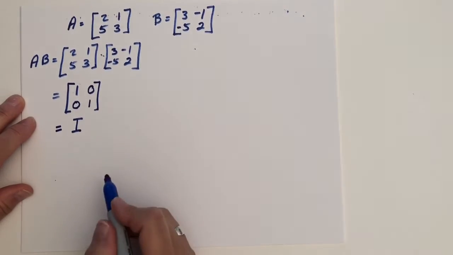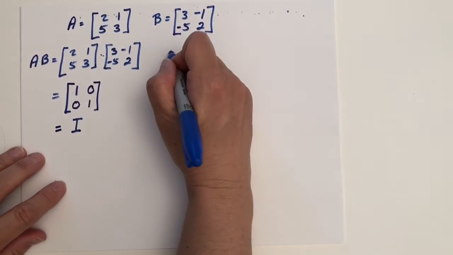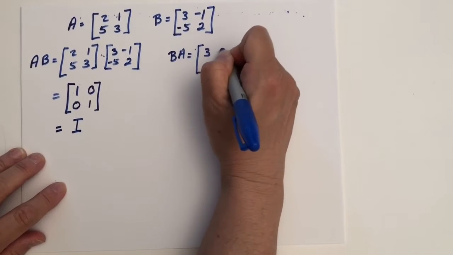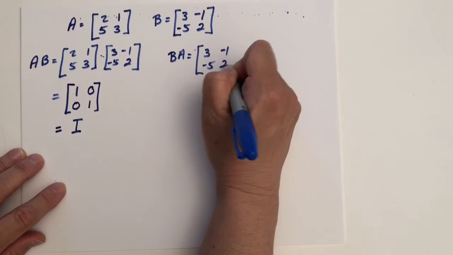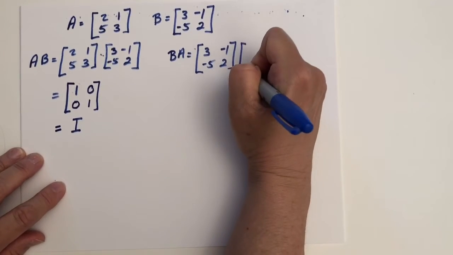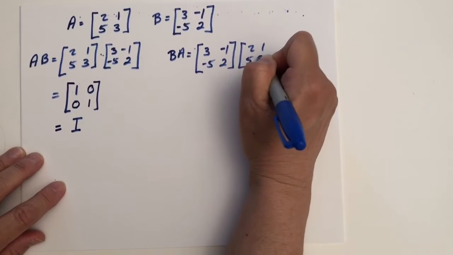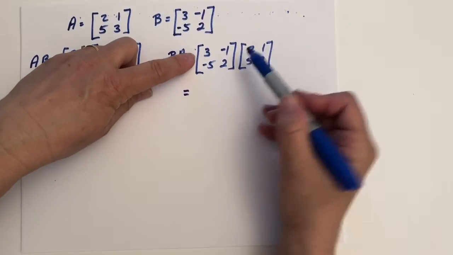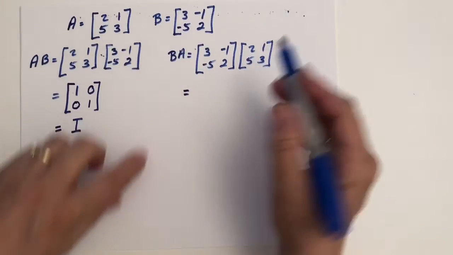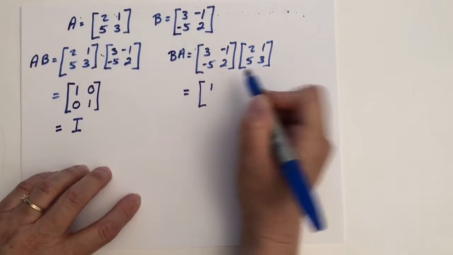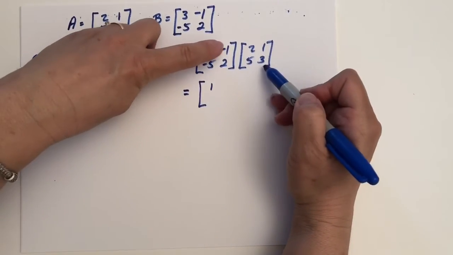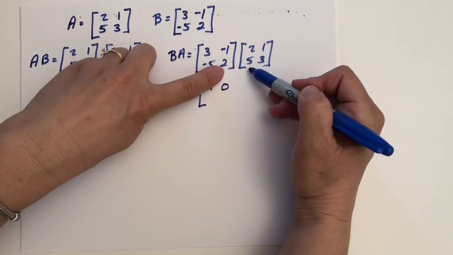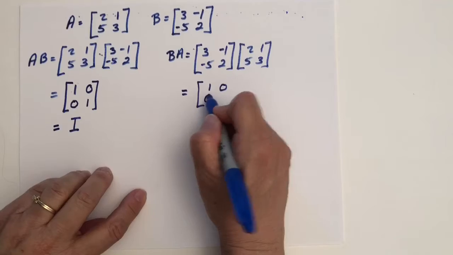Let's see what happens if we write them in the other order. What if we have B times A? So we have [3, -1; -5, 2], and we're going to multiply it by [2, 1; 5, 3]. Here we go, first row, first column. 6 plus -5, that's a 1. 3 plus -3, that's a 0. -10 plus 10, another 0.